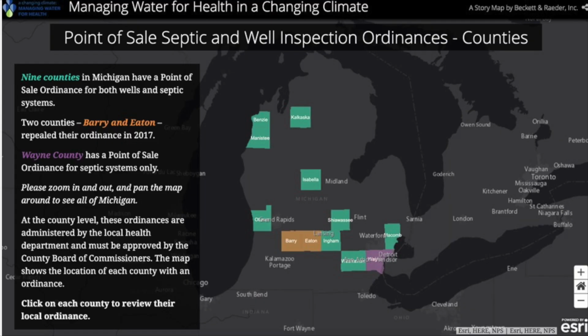And what they did is they identified the different counties that had point of sale or point of transfer ordinances that would trigger septic inspections and maintenance. And we currently have, what you can see, it's a patchwork, right?